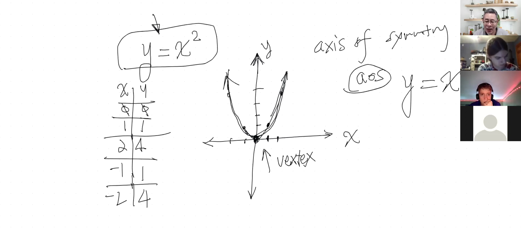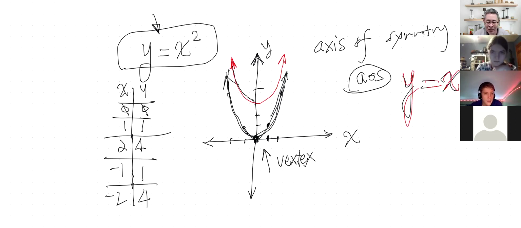Well, we can see that each time we just add 3 to y. So we get a new line, shifted up by 3 units. So this function, y equals x squared plus 3, is shifted up. And we can also shift it down.